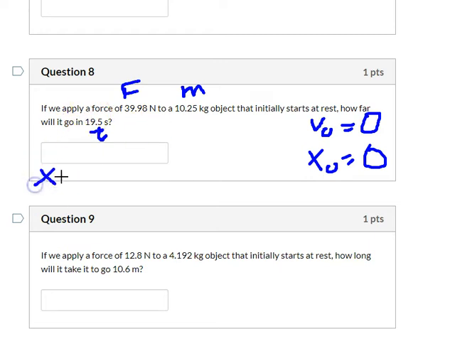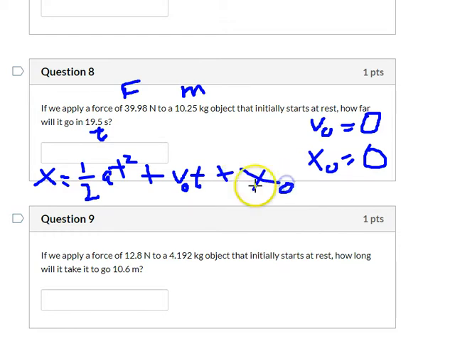Well, position is 1/2 a t squared, plus v naught t, which is 0 because v naught is 0, plus x naught, which is also 0. So x is 1/2 a t squared.